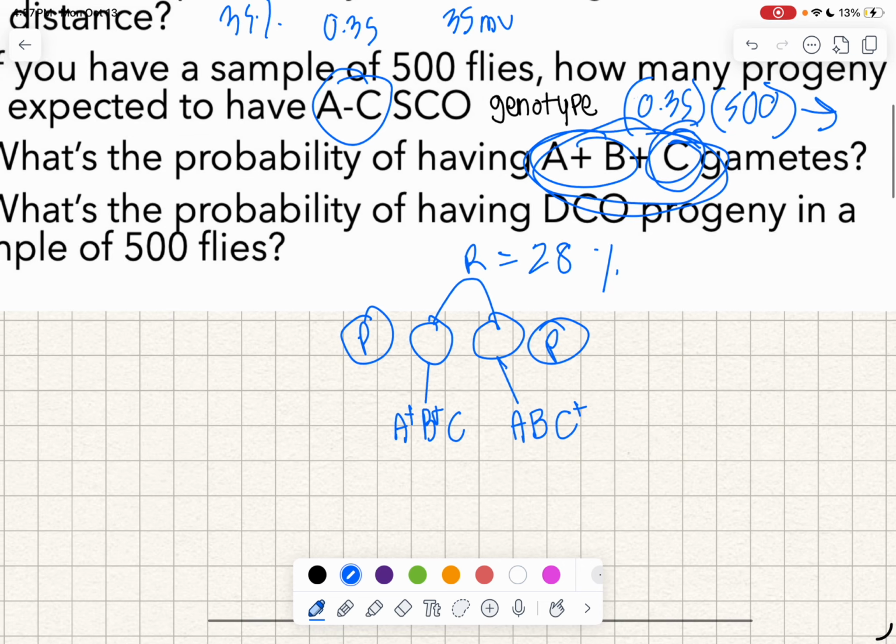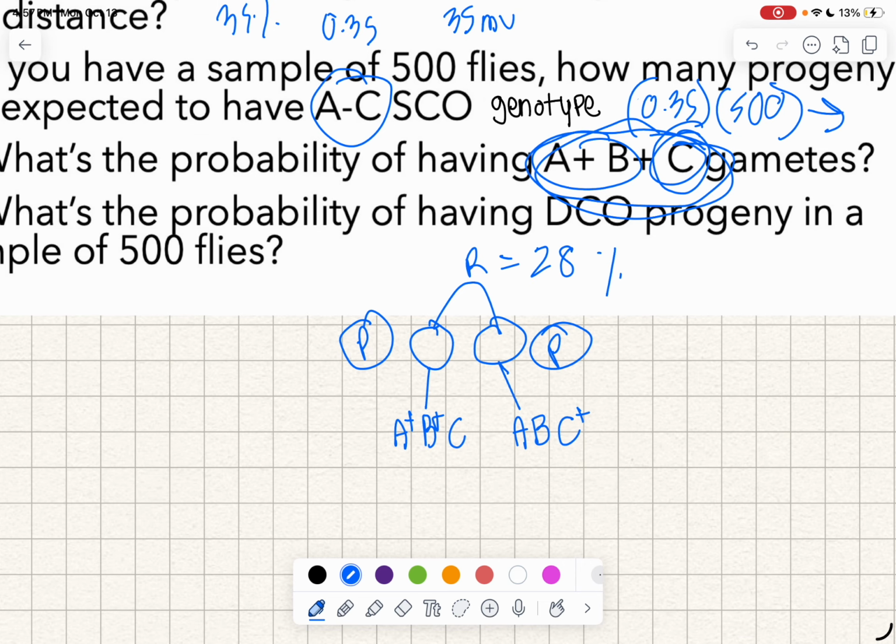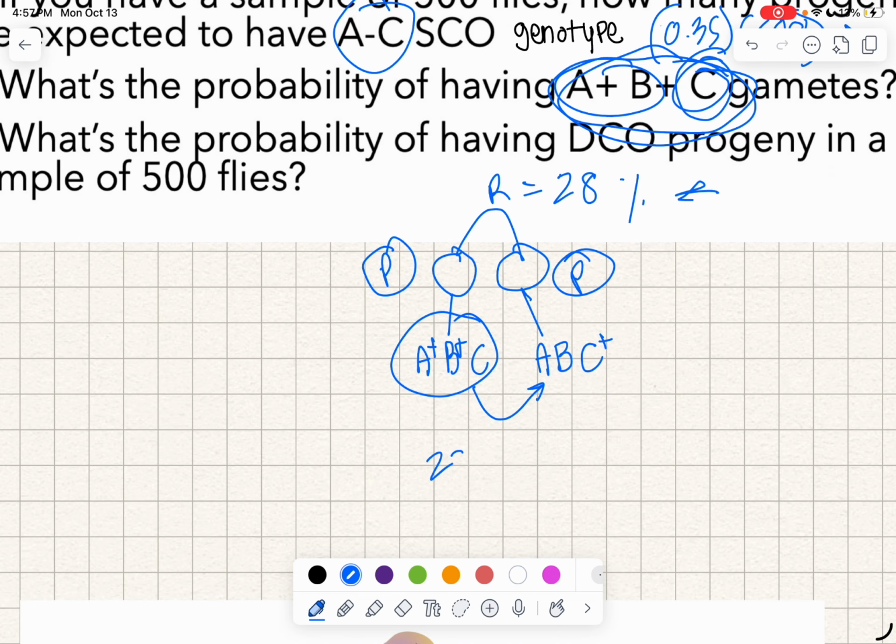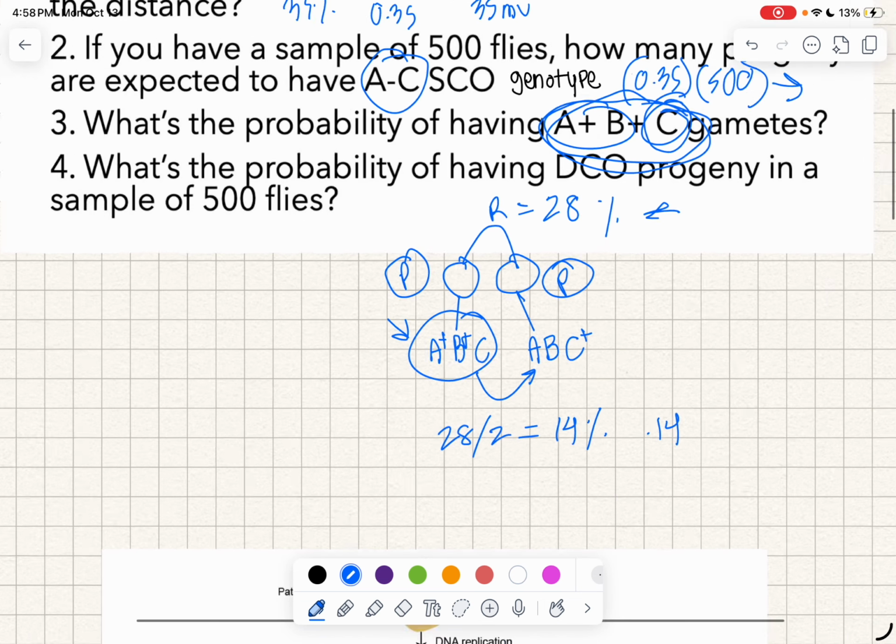But anyway, we have to divide this probability by 2 because all of them won't have this. Half of them will most likely be this too. So we divide 28 by 2 and we get 14. So 14% or 0.14 will have this genotype. Does that make sense? Okay, cool.